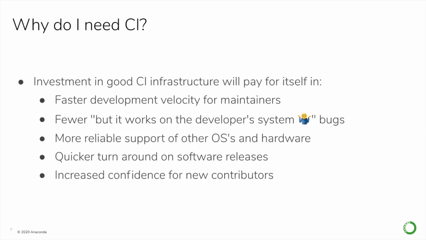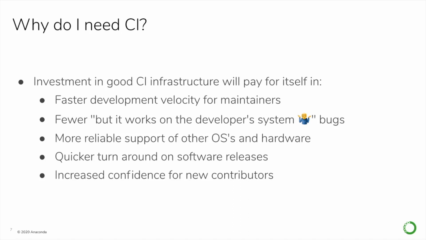So why do you need a continuous integration tool? And I want to emphasize here that the biggest takeaway, I think, is to recognize that CI is an investment of time and effort, but it also is a reward that pays itself back if you make that effort. Good CI infrastructure will allow you to develop faster because you have less risk of breaking things if you're moving quickly.